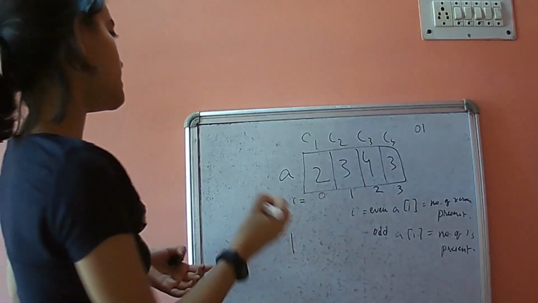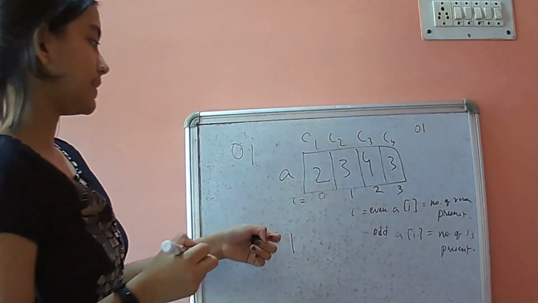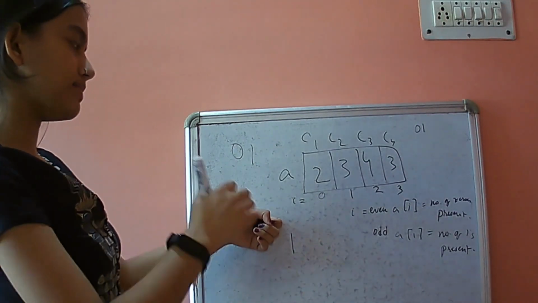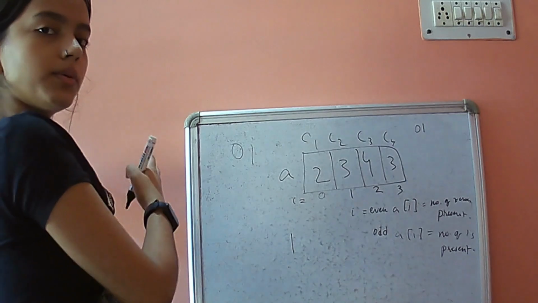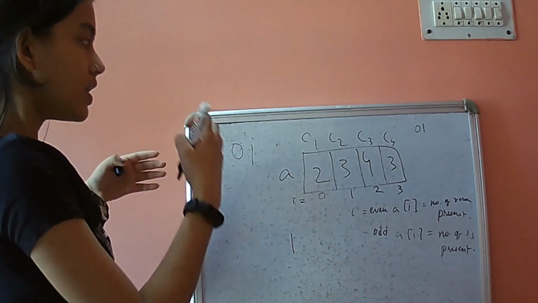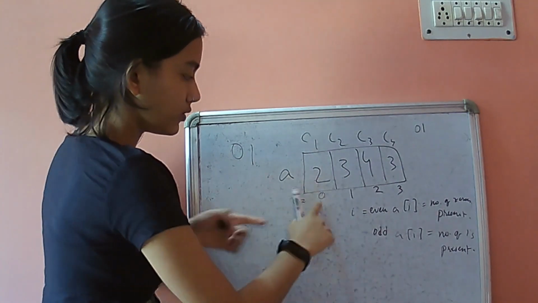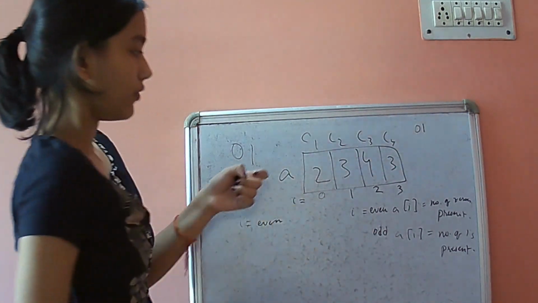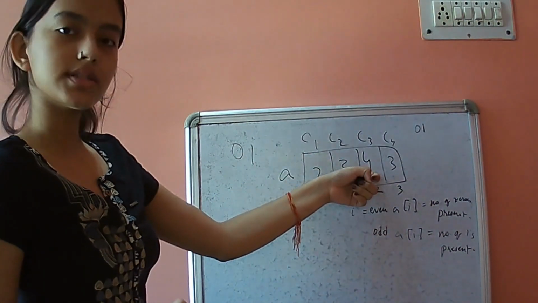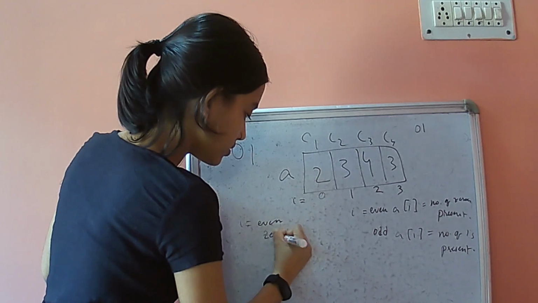So, to maximize the number of 0, 1 subsequences, all that we have to do is make sure that the maximum number of 1s are present after the maximum number of zeros. We pick the elements for I equal to even and put them in an array, say I name the array as 0.